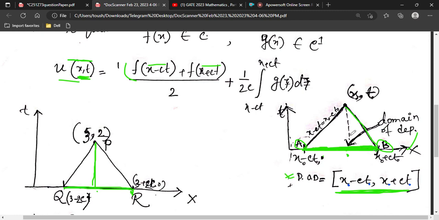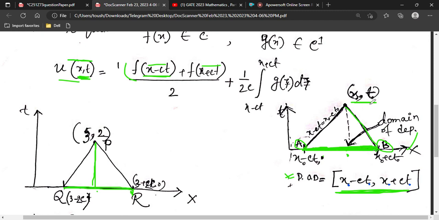Look here, suppose you are interested in finding the domain of dependence for the point (x naught, t naught). The value depends on this, right? So for (x naught, t naught), your solution will be f of x naught minus c t naught plus f of x naught plus c t naught, so it will depend on the interval from x naught minus c t naught to x naught plus c t naught, right?